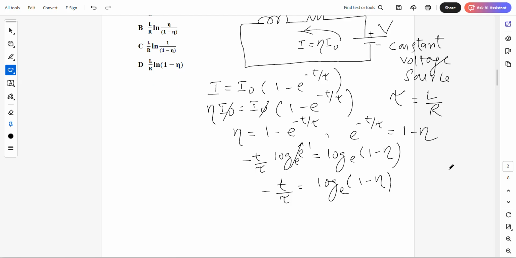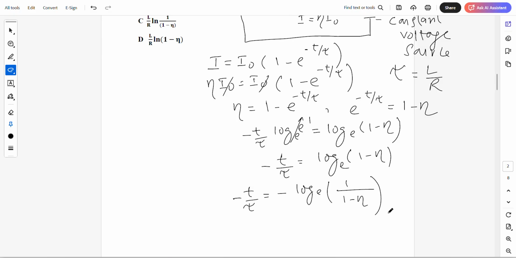Now I can simplify this to minus t by tau equal to minus of log of 1 divided by 1 minus eta, just to cancel this minus. Therefore, t is equal to tau into log of 1 divided by 1 minus eta to base e.